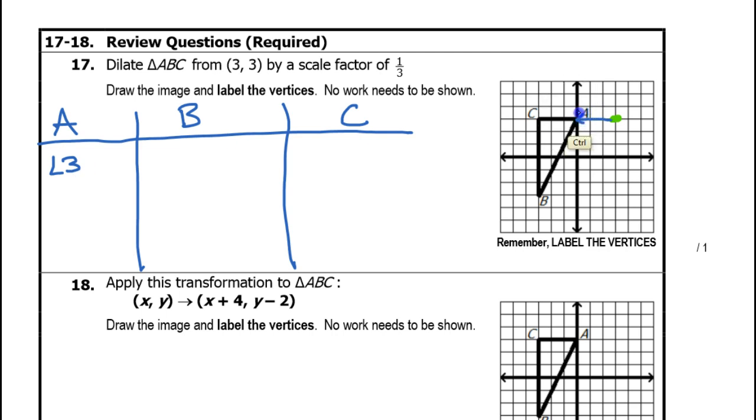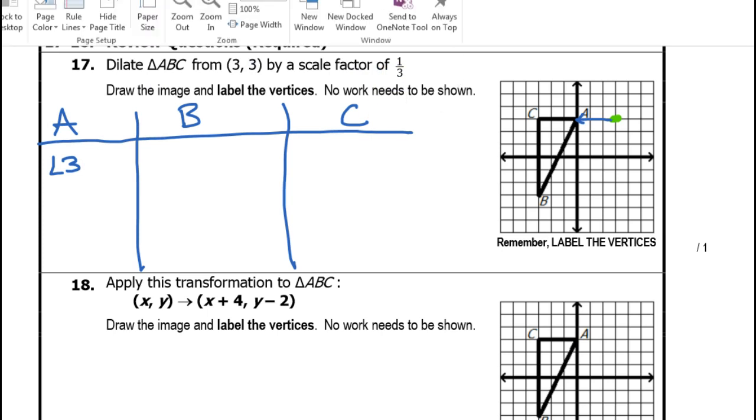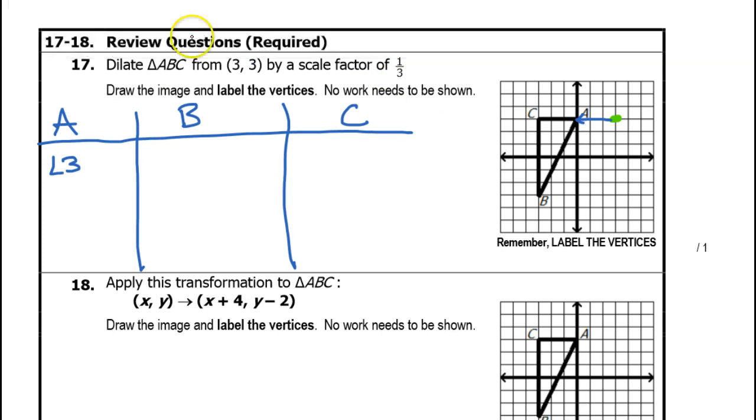So if I want to find the image of point A, I need to take that and multiply by the scale factor. The scale factor is 1/3. So if I take this and multiply by 1/3, 3/1 times 1/3 is 3/3, so that's going to be 1.